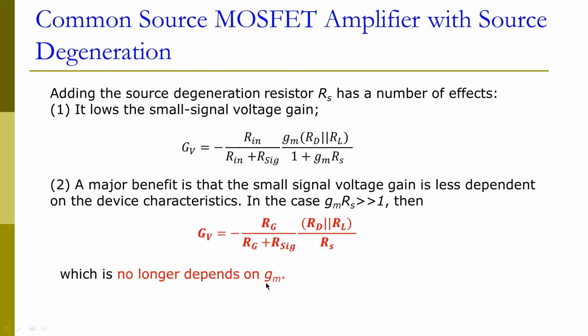It becomes no longer dependent on the transconductance of the transistor. Now this is very important, right? Because for these transistors, due to the fabrication variation, you might have a different transconductance. But with this configuration, we will be able to make our amplifier less dependent on this gm, and the gain will be only dependent on the resistors we are choosing for this amplifier.